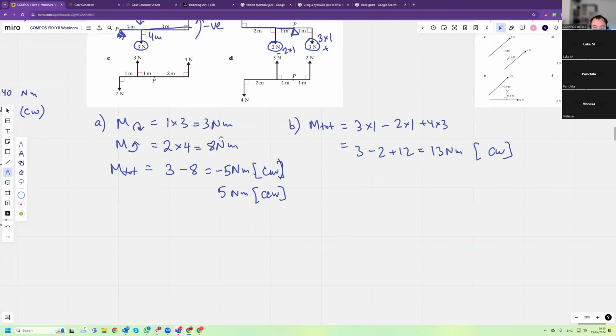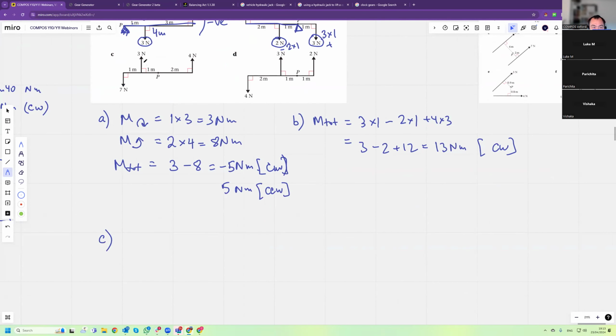Right. In C, you have 2 forces pushing anticlockwise, so this one and this one. And you have a clockwise force, which is this one. So this is plus, this is minus, because that's the pivot, right? So the moment clockwise is 3 times 1, which is 3 Newton meters.